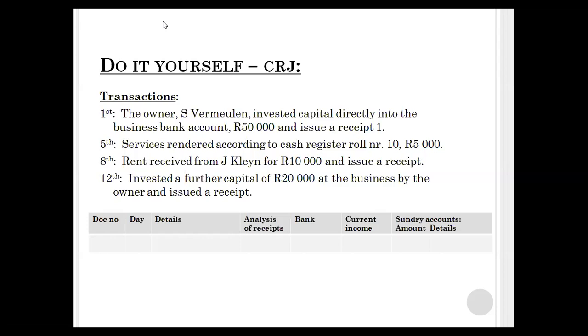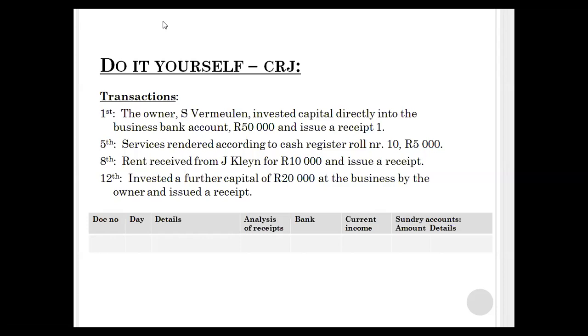On the 8th, rent received from J. Klein for 10,000 Rand, and issue a receipt. So in your document number column it is now receipt 2, or R2. Why 2? Because they gave you receipt number 1 on the first, so you need to continue. Day will be the 8th. Details, we've got a name, J. Klein.